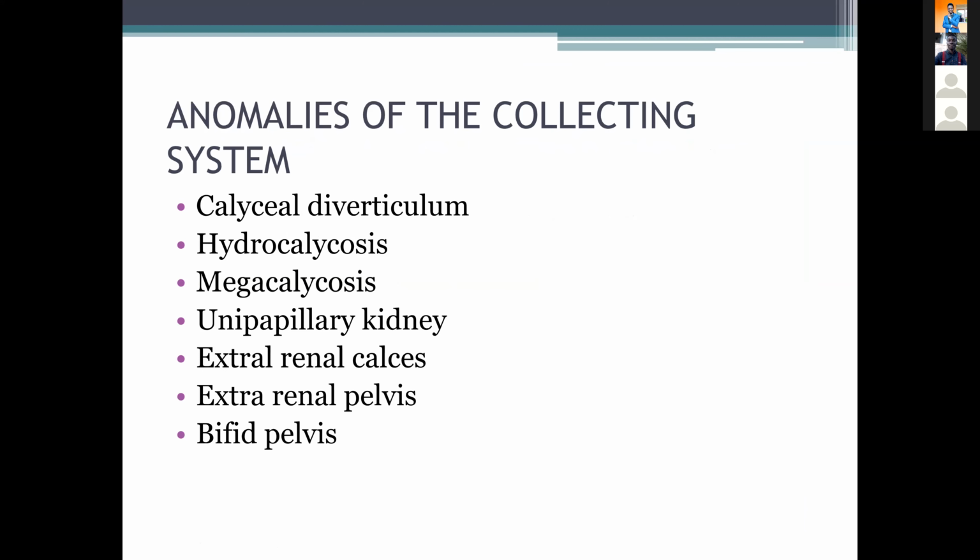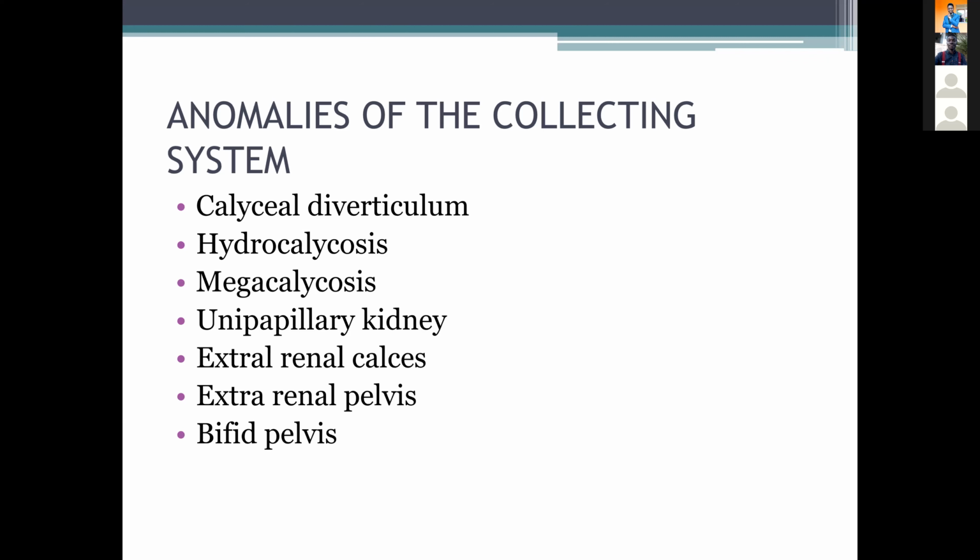The collecting systems also have their congenital anomalies, and I would encourage that you read them up and try to see what all these look like. But you can have diverticula of the calyces, you can have hydrocalicosis, megacalicosis, you can have a unipapillary kidney, you can have kidneys that have calyces that are outside the kidney.